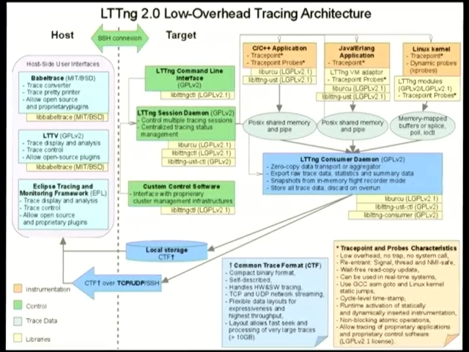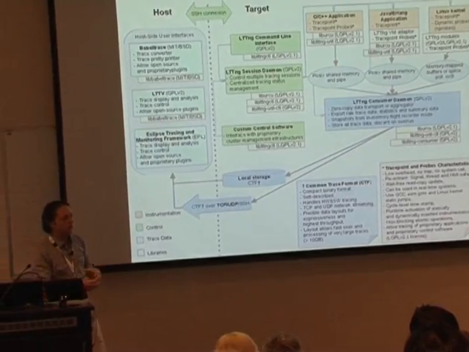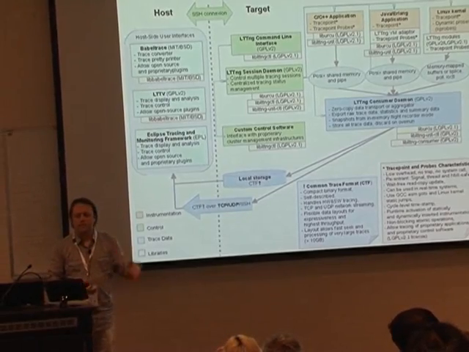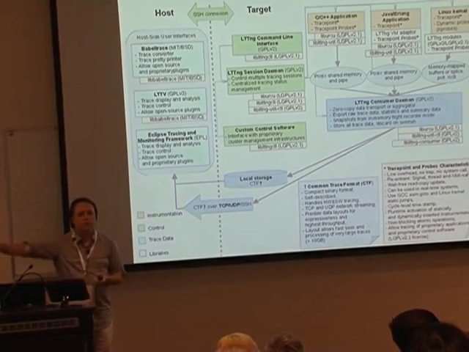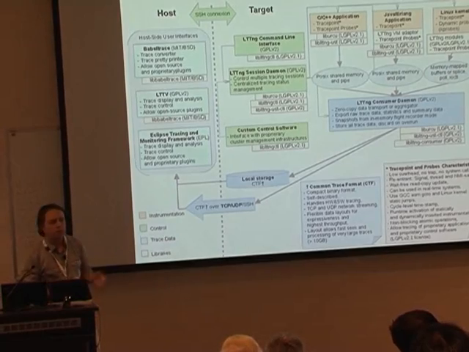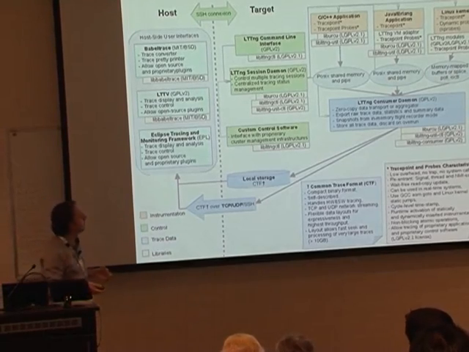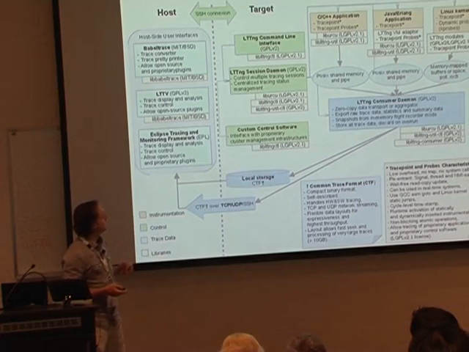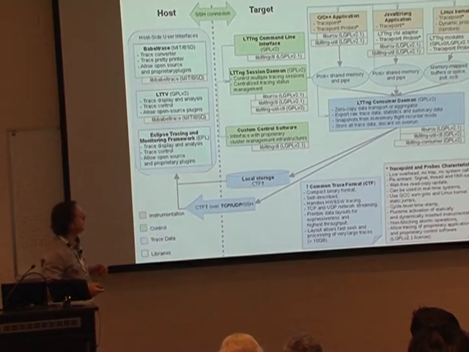When you start a session, the session daemon spawns the consumer. The consumer's role is to get the data from the trace buffer to disk or to the network. If you do embedded development and don't have any hard disk there, you can stream the trace over the network really fast through the splice system call, so it should be as fast as on the hard disk.